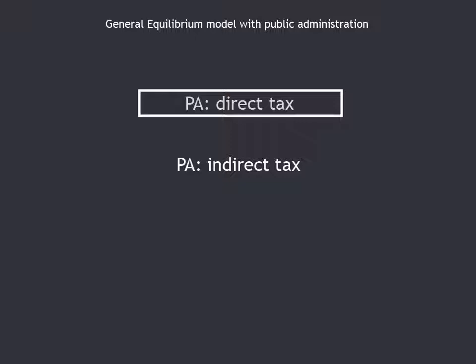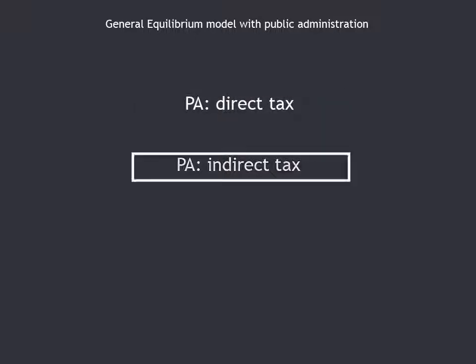And it's not obvious because, in fact, it is not the case when we consider indirect tax. So direct tax, the person who gives the money to the public administration is the agent who is taxed. Indirect taxes are applied on the sales of goods and services or the manufacture of goods and services. And they are initially paid to the government by an intermediary.